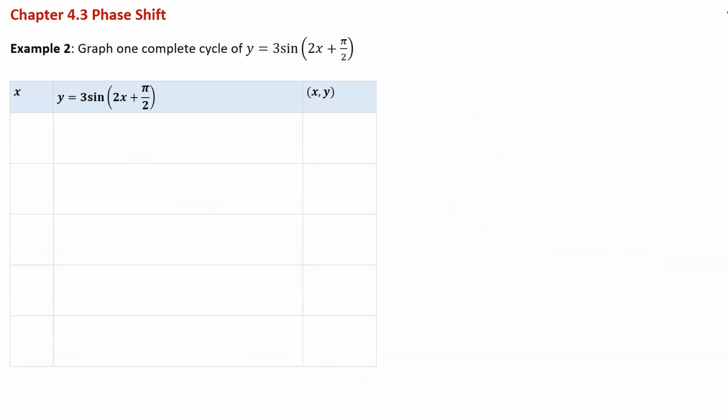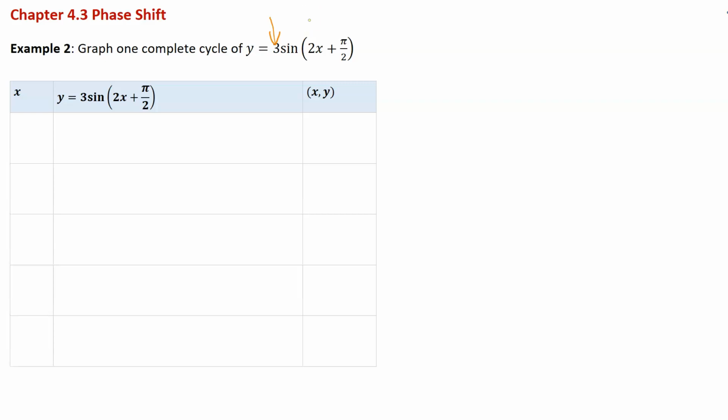In the second example, we will graph one complete cycle of y equals 3 sine of 2x plus pi over 2. What we already know is that the coefficient next to the function will change the amplitude of the graph to 3, so the range of y values will be from negative 3 to positive 3.